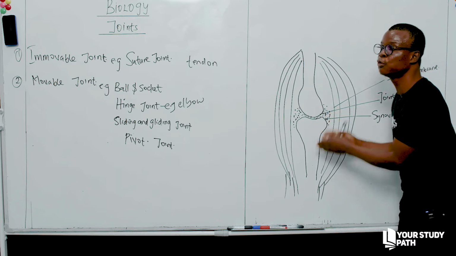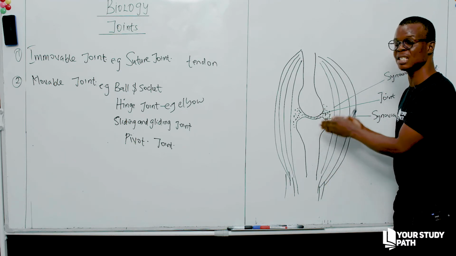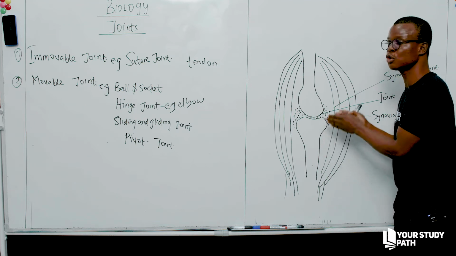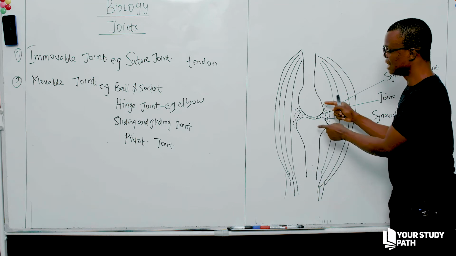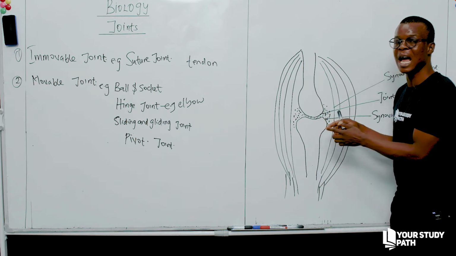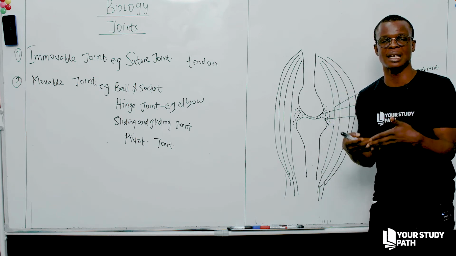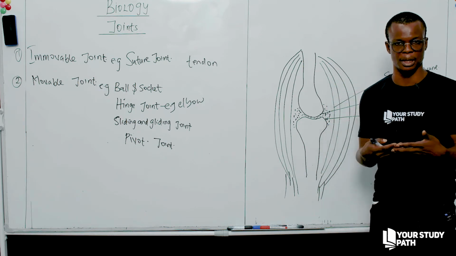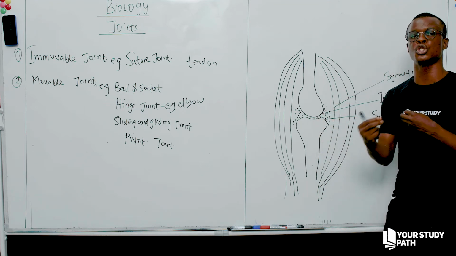This fluid plays a great role in the proper functioning of the joint. It ensures that these two bones are not really touching each other, because once the bones start touching each other, they create a problem. What this fluid does is serve as a cushioning.